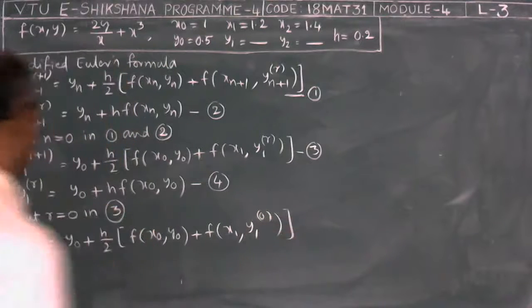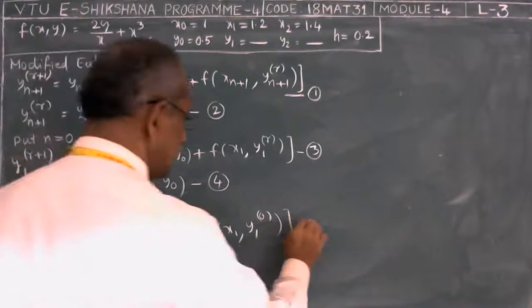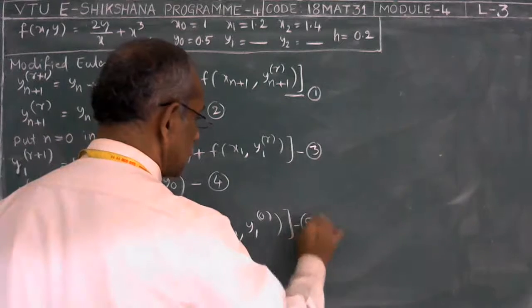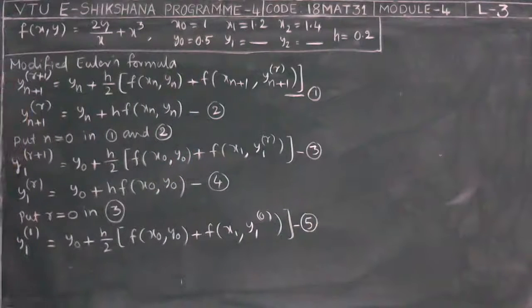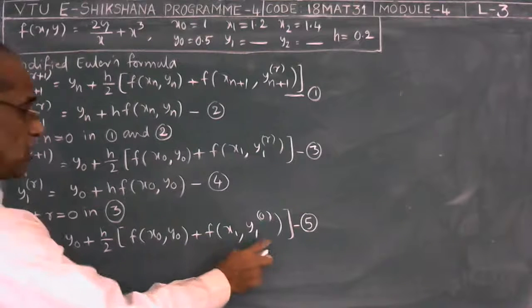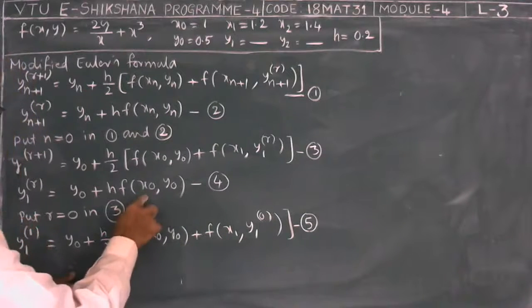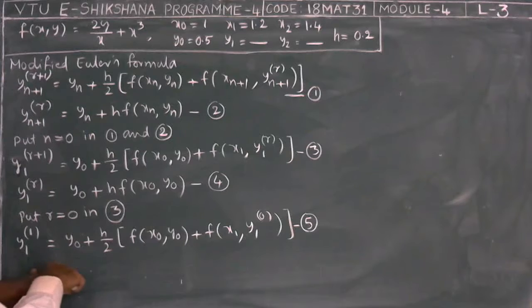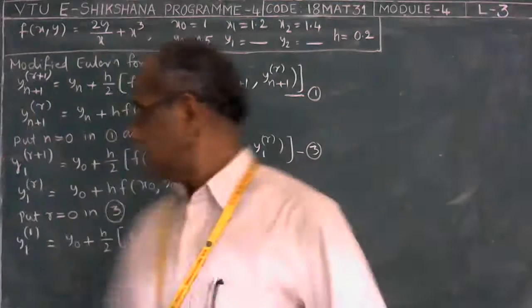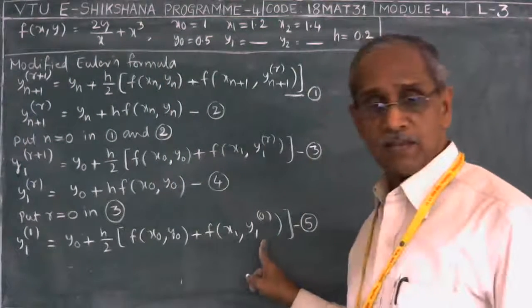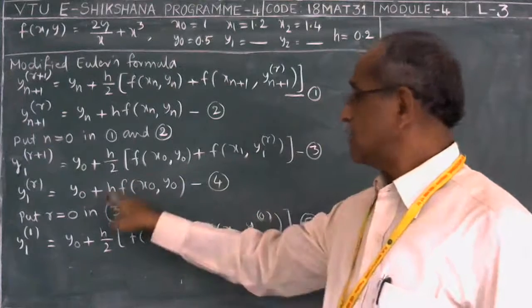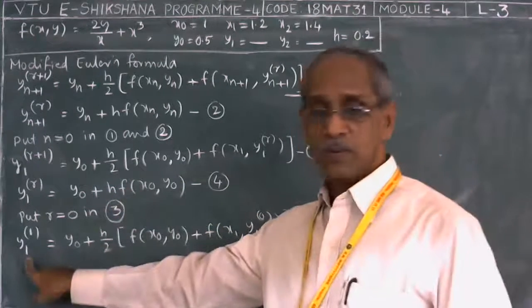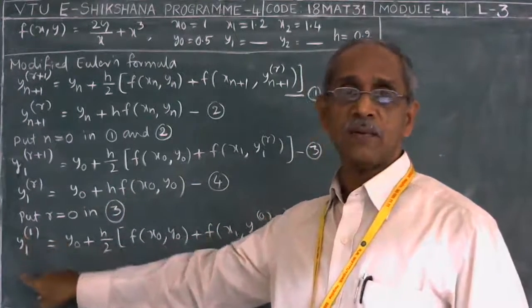Call this equation number 5. Now if I substitute y1 0 from 4, I can compute the first iterative value y1 1.